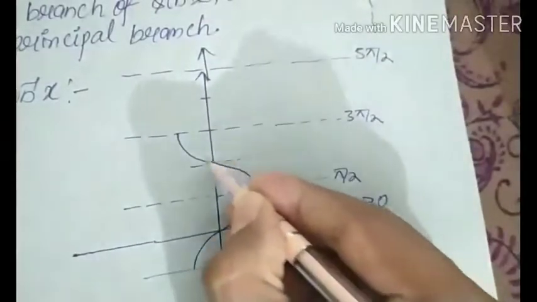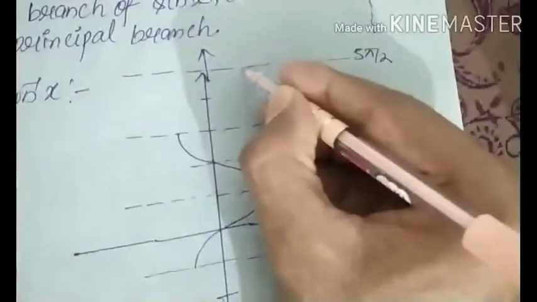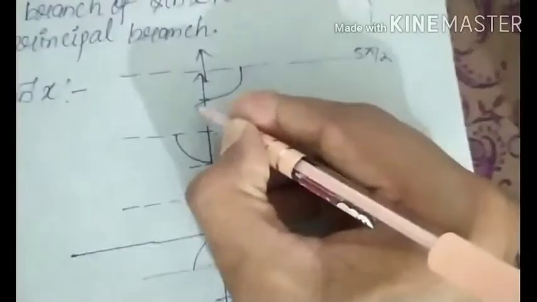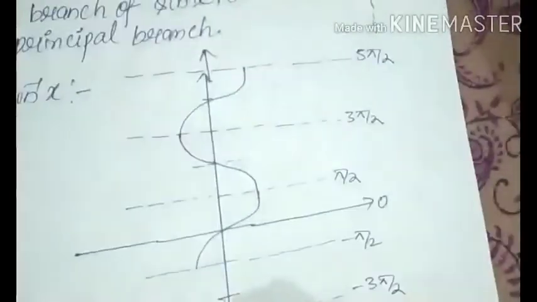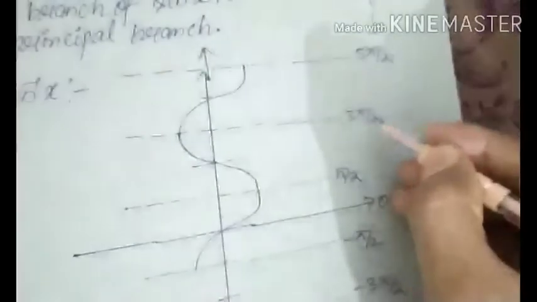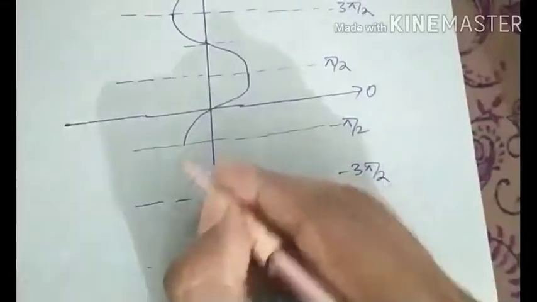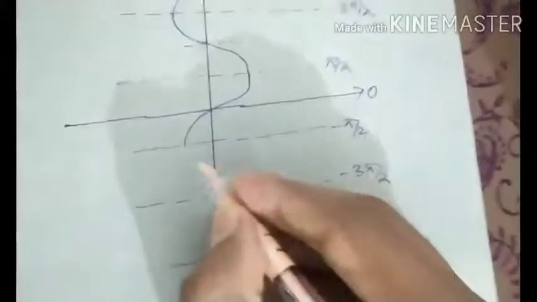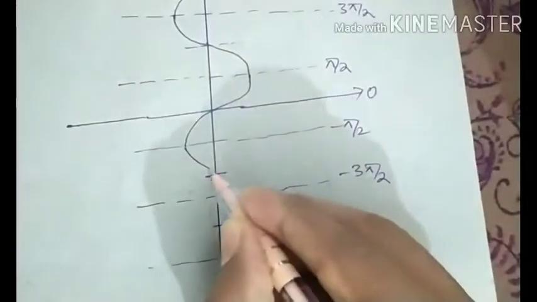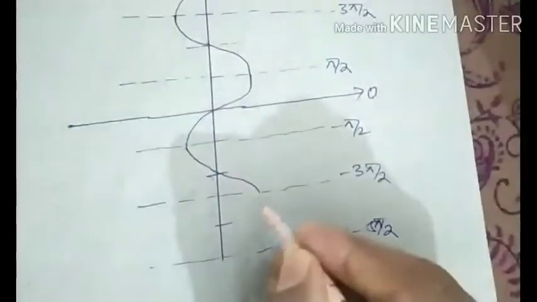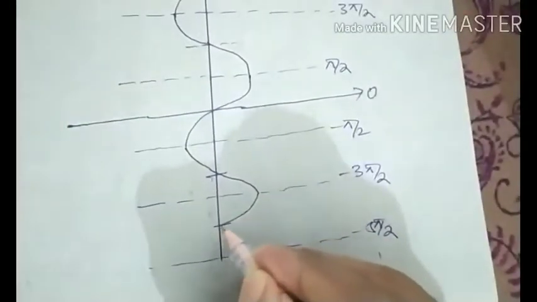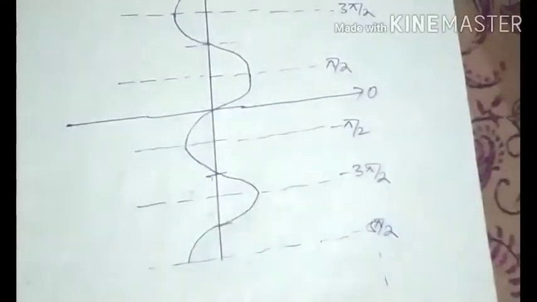The graph of sine inverse x in between 3 pi by 2 to 5 pi by 2 looks like this. Similarly, here the graph of sine inverse x in between minus pi by 2 to minus 3 pi by 2 will look like this, and similarly here will look like this.